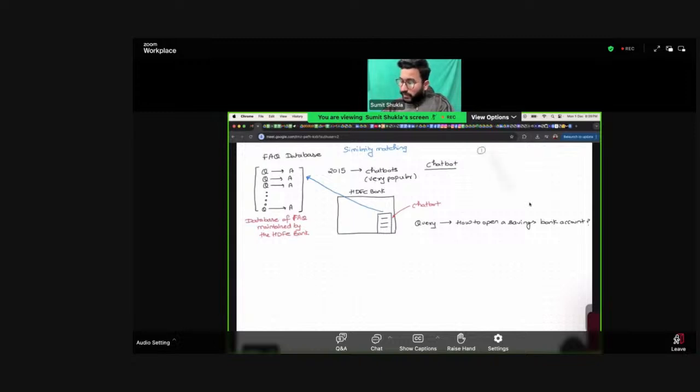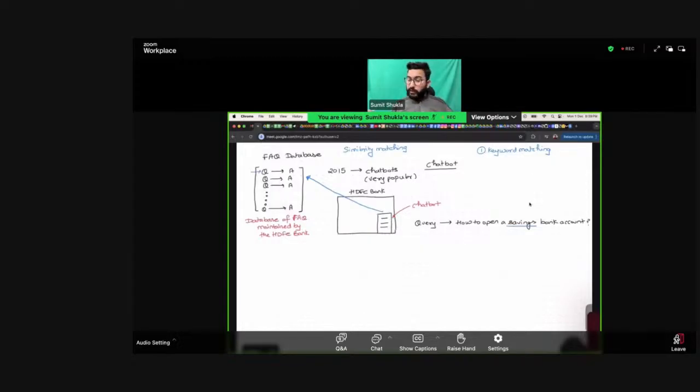One is known as keyword matching or keyword search. In this process, we try to search for the words in the list of words. So let's say the word is savings, the chatbot will search for which question consists of the word saving.